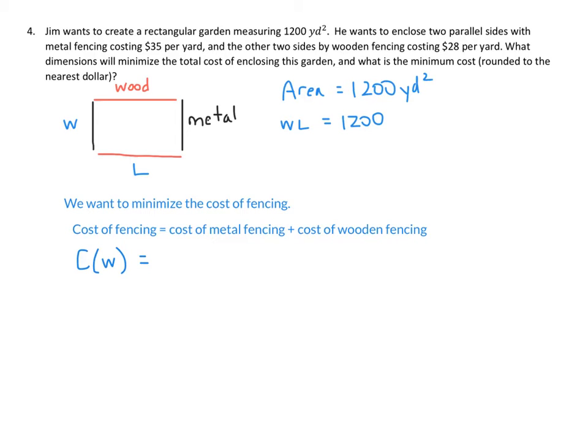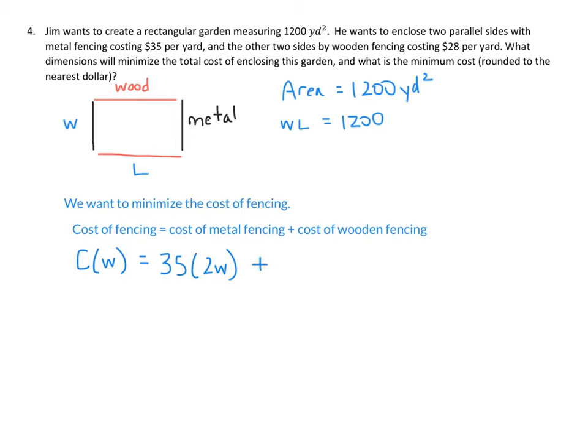So now the cost of metal fencing is $35 per yard, times however many yards of fencing there are. We've got two sides, so we're going to have times 2W, where W is the width. That gives us the cost of metal fencing plus the cost of wooden fencing.